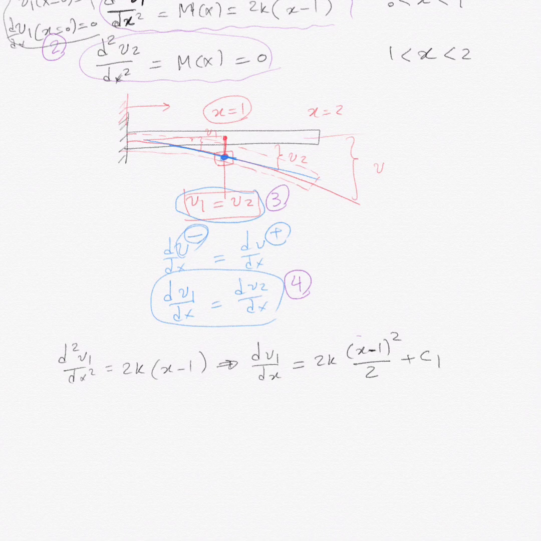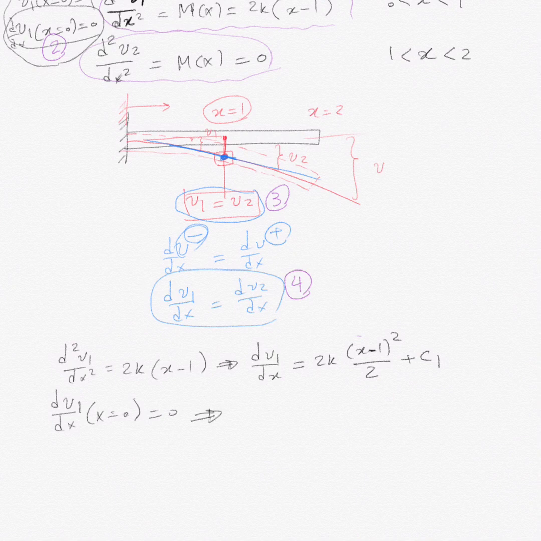Now I can apply the boundary conditions immediately right here. What is the first boundary condition? Look at equation number 2 right here. It says dv1/dx at x equal to 0 is equal to 0. Let's apply that.